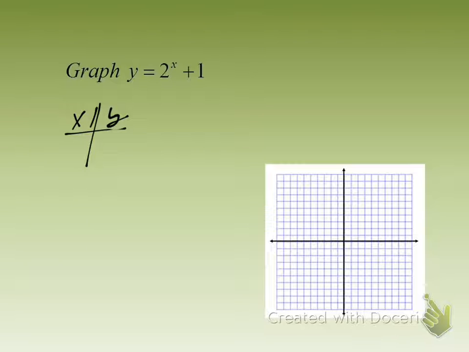Hey, there it is. Alright, so this time it's 0, 2, 1, 3, 2, 5. And then you go plot those points: 0, 2, 1, 3, 2, 5. And then it would kind of shoot up in that manner, right?